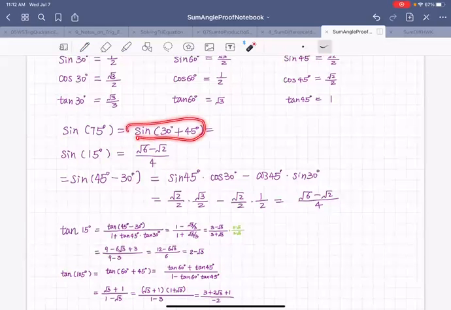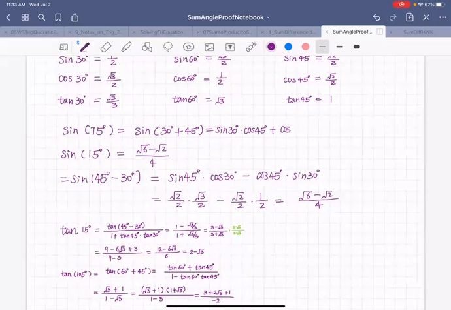So would that be sine 30 degrees times cosine 45 degrees? Very good. Plus cosine 30 degrees times sine 45 degrees. Very good.